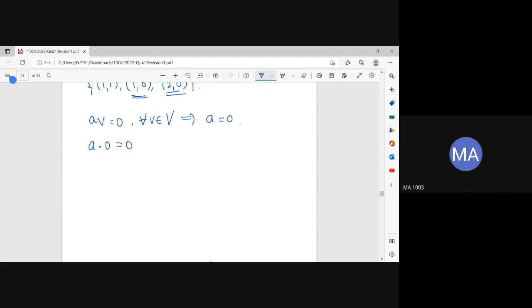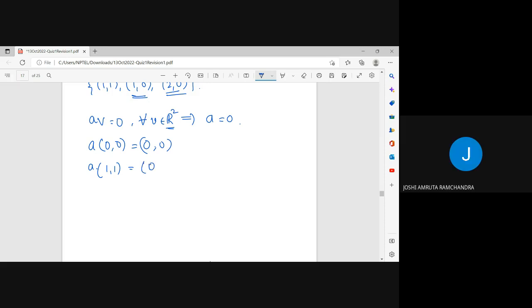No. Let's take V as R2. Does (1,1) belong to R2?